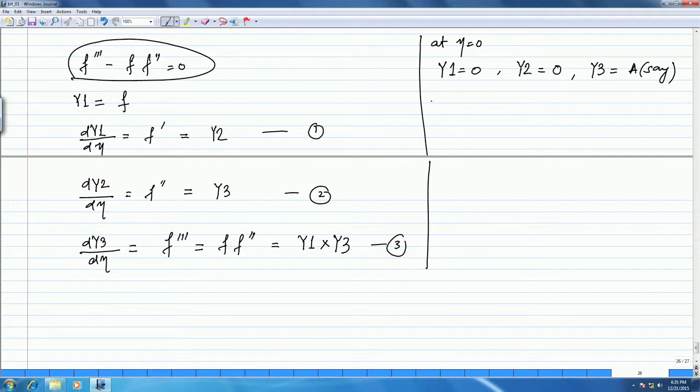And at eta far away from the wall, say eta could be 10, I think I spoke about that, f dash, which is y2, is equal to 1. So this is essentially my boundary condition.